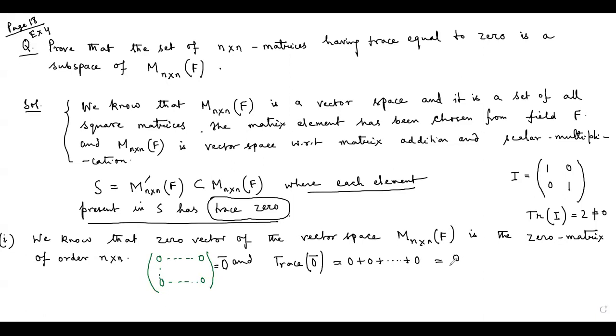So since it is satisfying this particular property, this implies this zero matrix 0 bar belongs to M prime n cross n F. We selected the zero matrix from the vector space M n cross n F, and as soon as we found that it is satisfying this property, that means it also belongs to the subset.